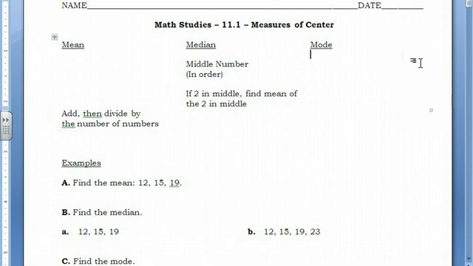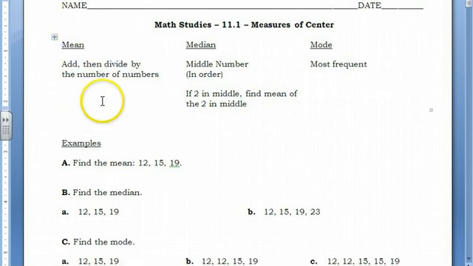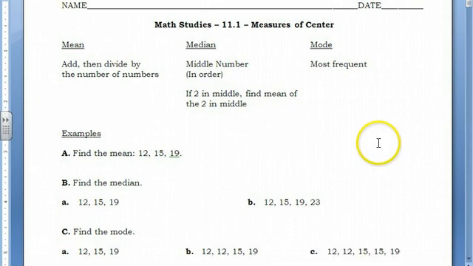And the last one is the mode, and the mode is remembered as the most frequent or most common or most often or most whatever. And that is our mean, median, and mode summary. Oh, one more thing.